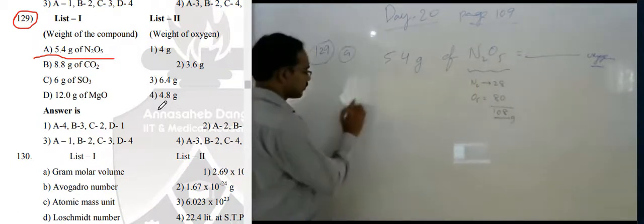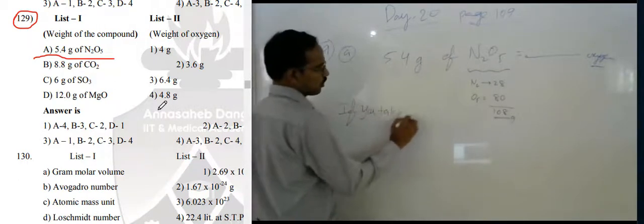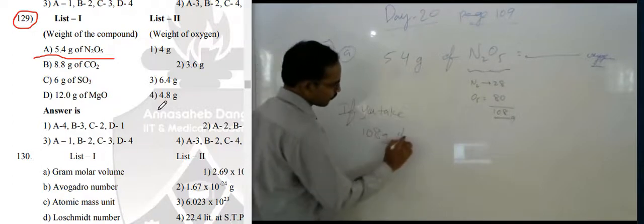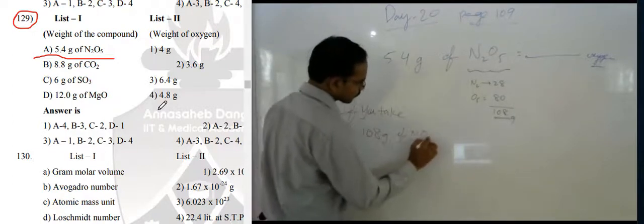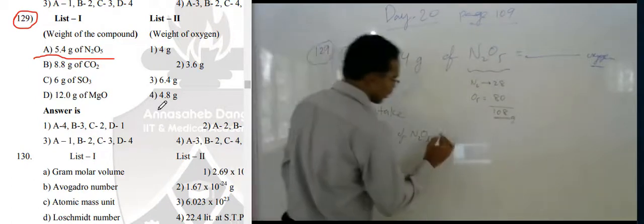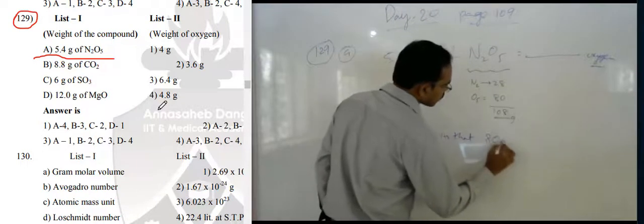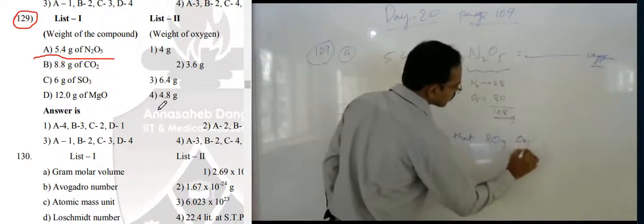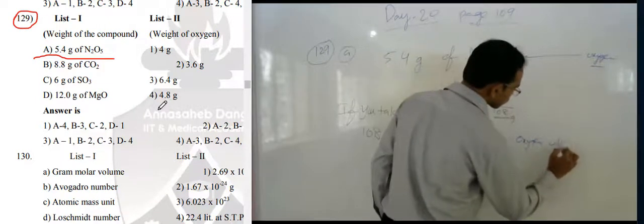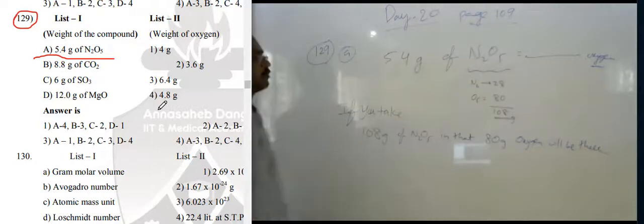If you take 108 gram of N2O5, in that 80 gram of oxygen will be there.